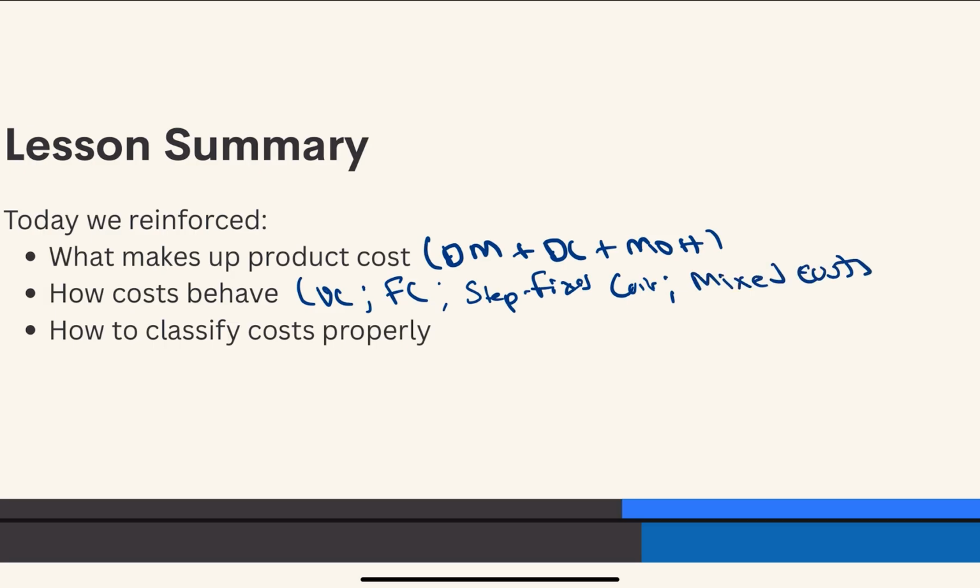So that's how costs usually behave. I know there are other cost behaviors, but these 4 are the ones that you really need to understand and master. We also spoke about how to classify costs properly as whether direct material, direct labor, manufacturing overhead, or period cost, right, which is the opposite of product cost.